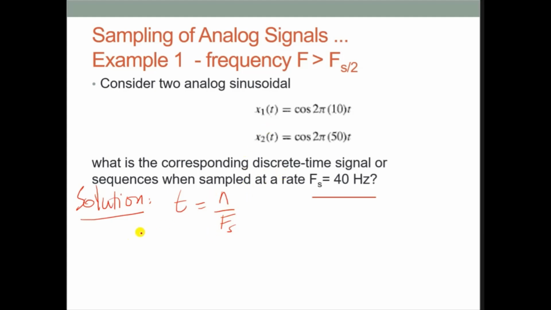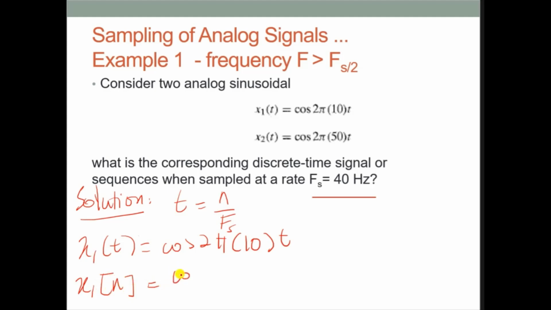So for x1(t) equals cos 2 pi 20 t, to make it become x1(n), we simply substitute t with n over fs.